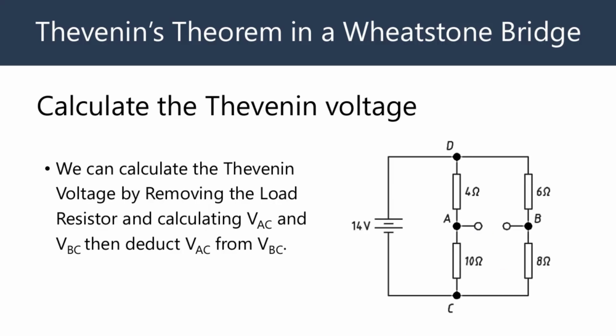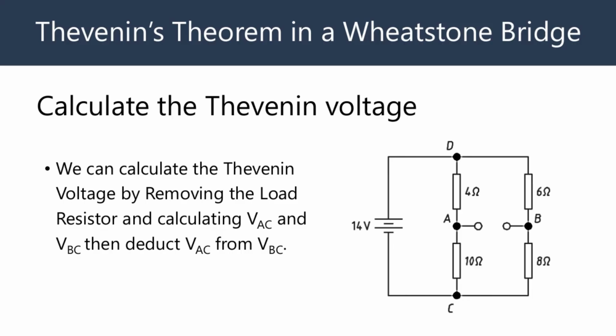Next, this is where we do the calculations for your Thevenin voltage. Now watch what it's saying here. We put back our voltage source. Remember, the supply voltage needs to be put back.